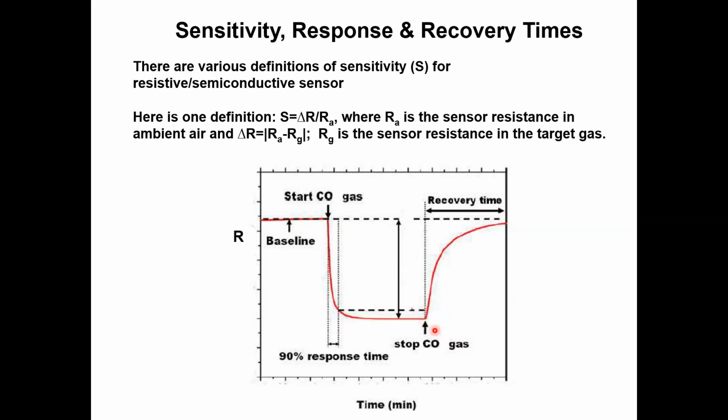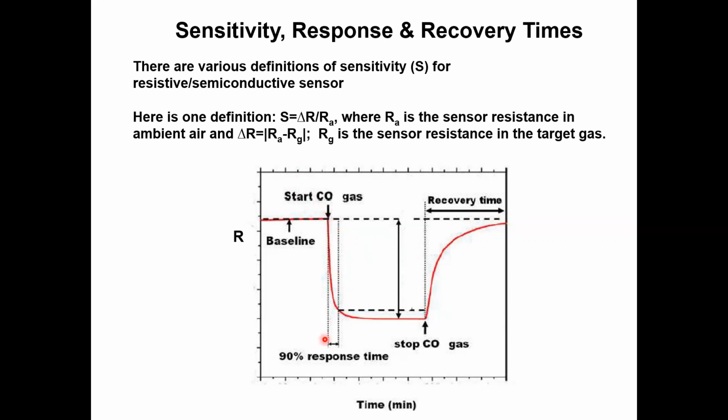And then once you cut off CO, the sensor should recover completely to the previous state. This is the beauty of this type of sensor, because the target gas is not interacting with the material, but with the surface absorbed oxygen on the surface of the material.